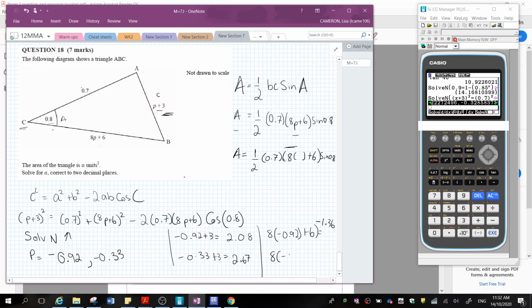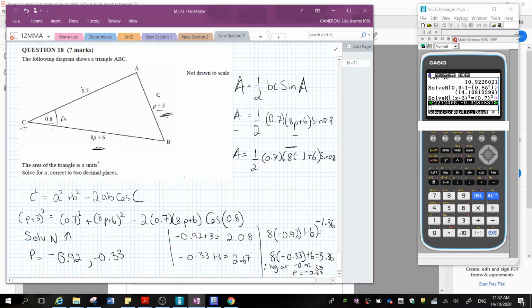If I put the other one in the calculator, it's going to give me an answer of 3.36. Now, because this is a length in a triangle, we can't have a negative answer. So, therefore, not negative 0.92. So, p equals negative 0.33.